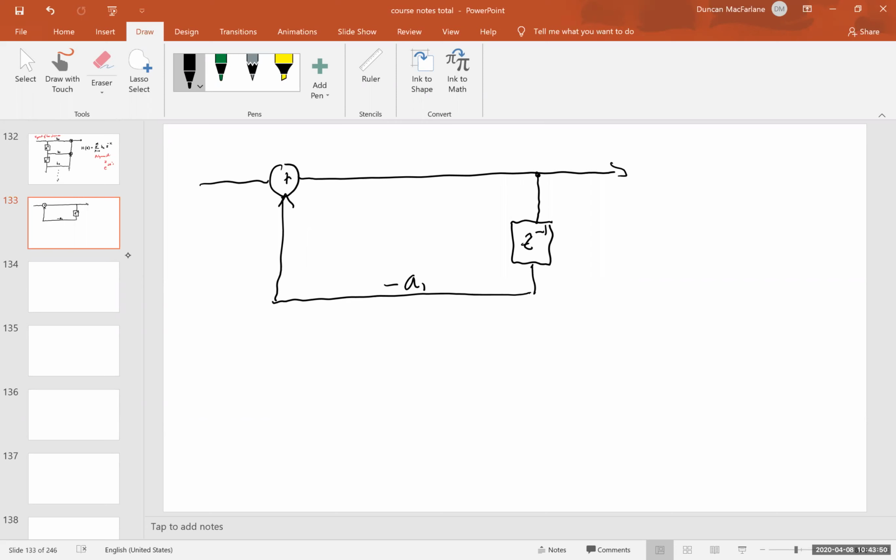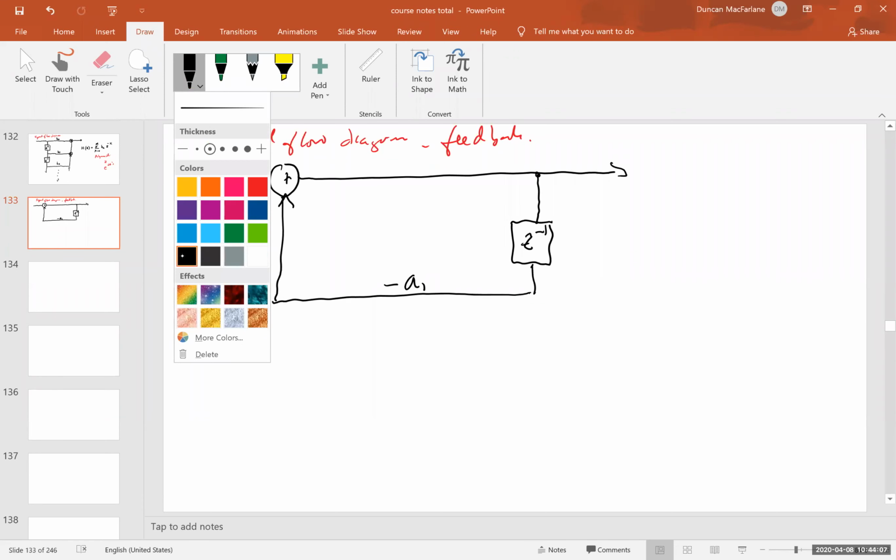Feedback. Excellent. So this is a signal flow diagram with feedback.